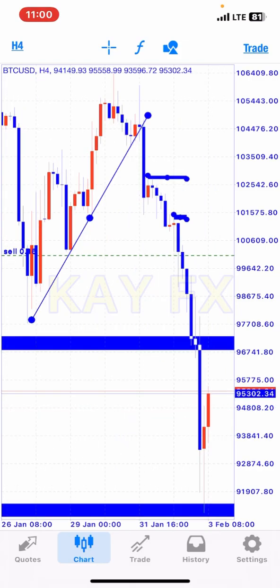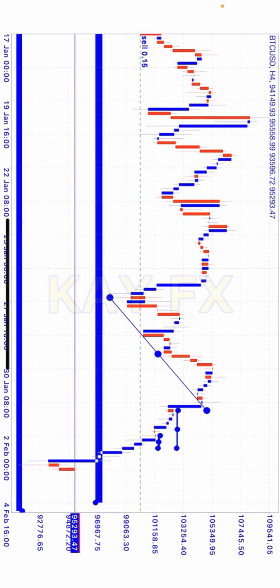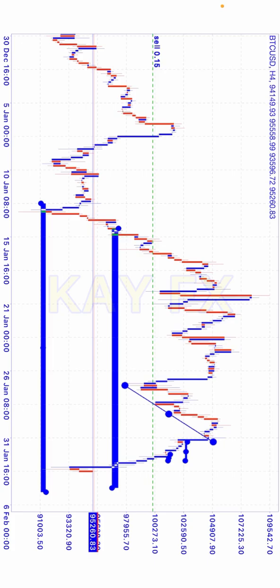If it doesn't come down, then I will just close it, but I'm sure it will come back down. This is just a pullback, like the rest of the pullbacks. Once it reaches my second TP, then I will completely close it.